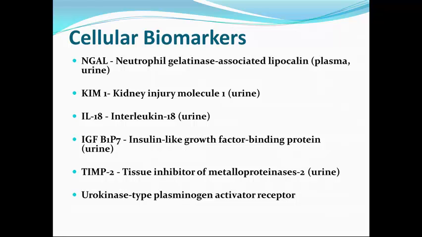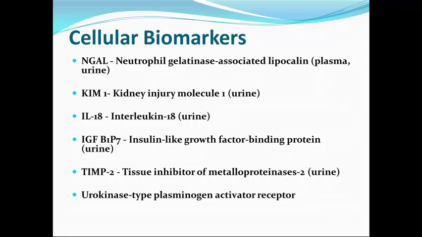As a result, we talked about that lag time. Even though cystatin C will go up sooner than creatinine, it is still a functional biomarker because it has to be filtered by the kidneys, and then we have to be able to measure it. So what we started several years ago is the giant hunt for cellular biomarkers to tell us how the kidney cells themselves are doing. And that led to some of the ones that you see listed there.